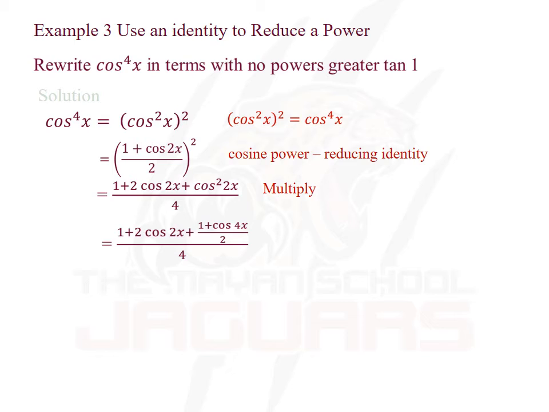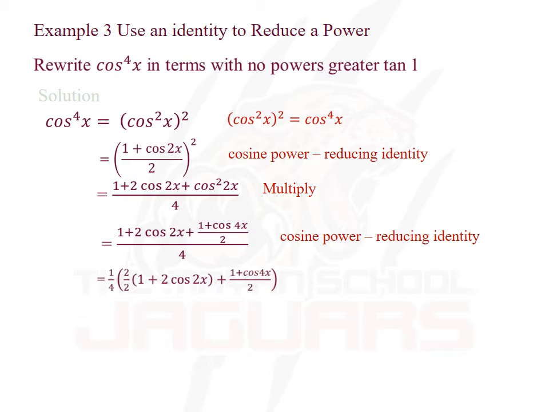Then I notice that in the top I have the addition of 1 plus 2 cosine of 2x plus (1 plus cosine of 4x) over 2. It is really important to have the same denominator, so what I can do in the next step is get a common denominator. Also, since the whole expression is being divided by 4, I can take care of this by taking it out.